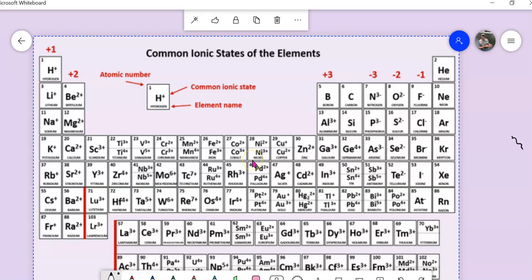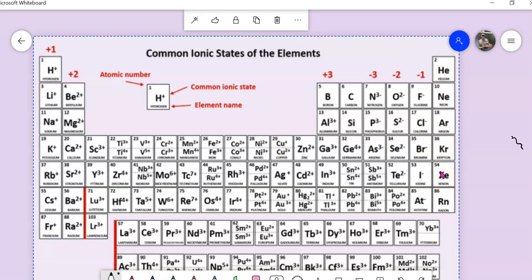Remember in this unit, the last unit on electron configurations, that most ions form a noble gas electron configuration. So elements that are nonmetals typically gain electrons to look like and have an electron configuration as a noble gas. And metals typically lose electrons to form an electron configuration of a noble gas.